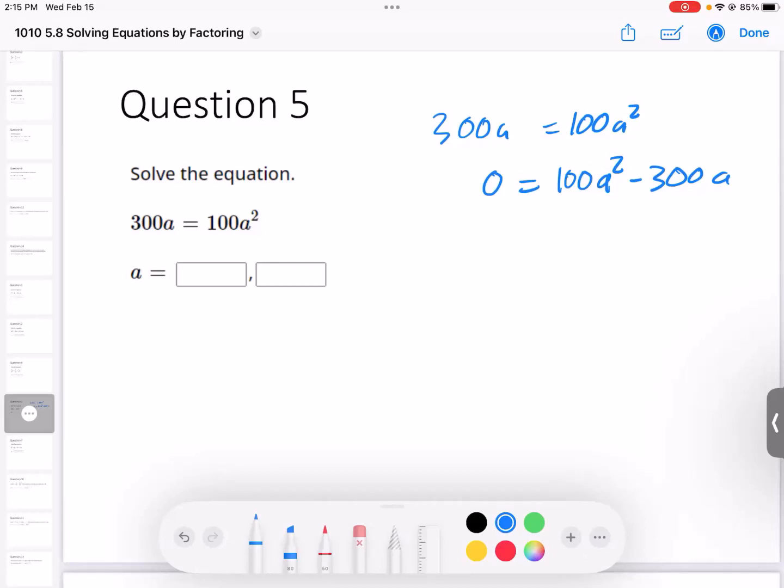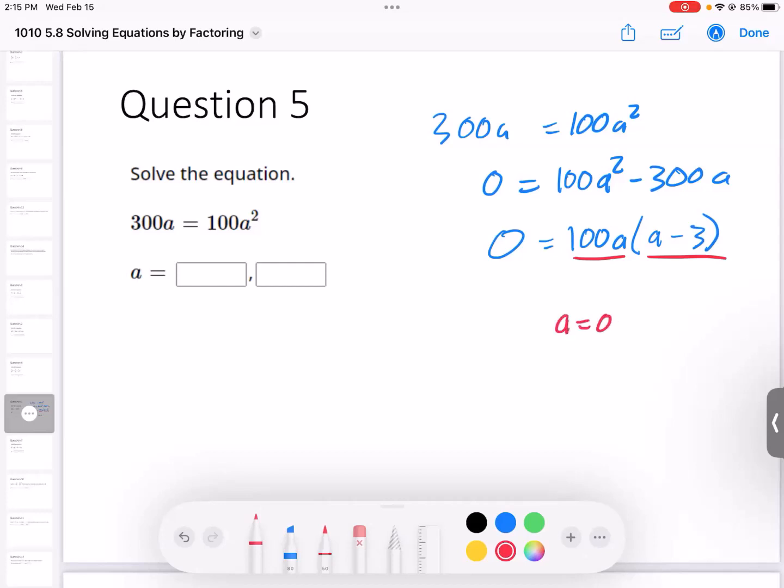In this case, both of the terms have a 100 and an a in common. So I'll factor that out, which gives me 100a times a minus 3. That equals 0. So here I have 2 things that are multiplied together. And if they equal 0, one of these 2 things has to be 0. So 100a, if that equals 0, what does a have to be? 0.